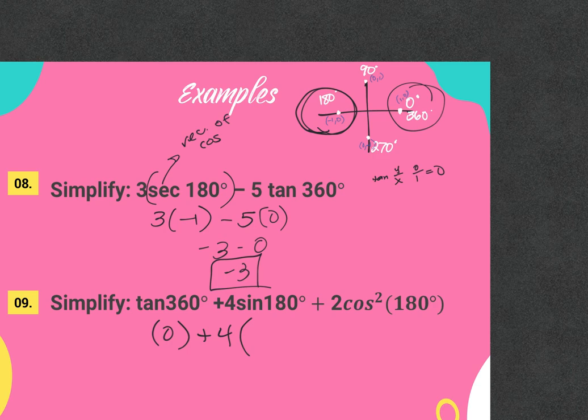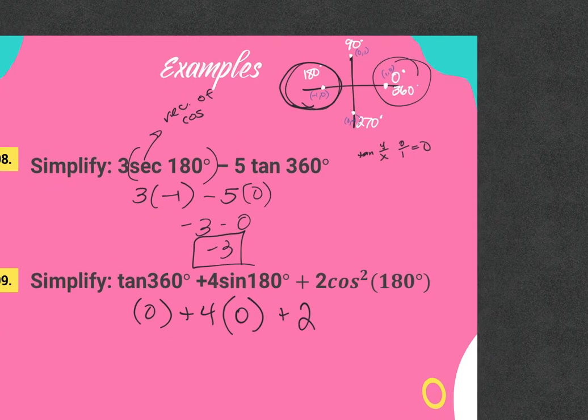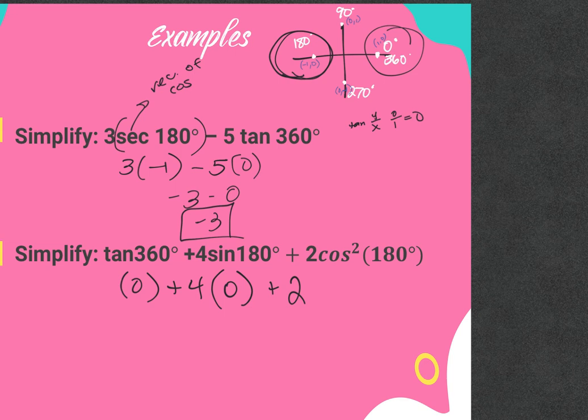So what's the y at 180? 0, good. And then 2 times cosine squared of 180. So I have to figure out what the cosine is at 180 and then square it. What's the cosine at 180? Negative 1, good, the x coordinate at 180.